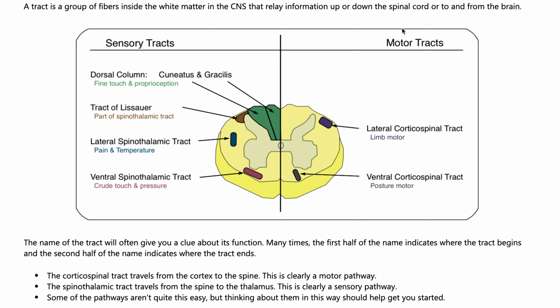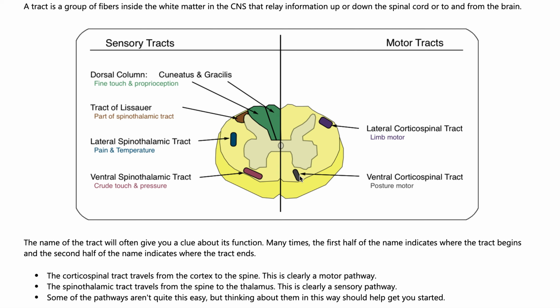And then over on the right are the motor tracts, so sort of the lateral and posterior aspect of the spinal cord. And the white matter is the lateral corticospinal tract, which is the limb motor. And then more anterior to that, you have the ventral corticospinal tract, and this is involved in posture. So this is your posture motor.